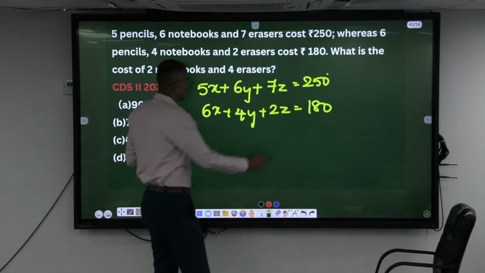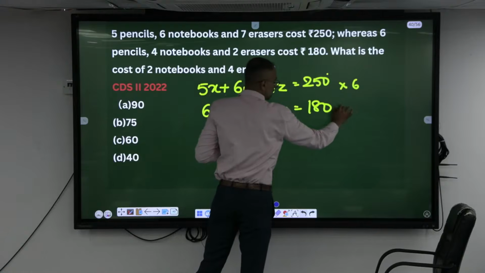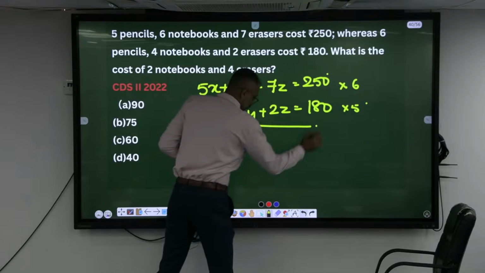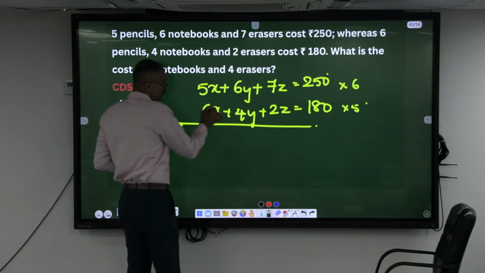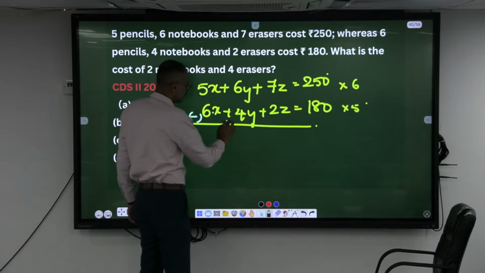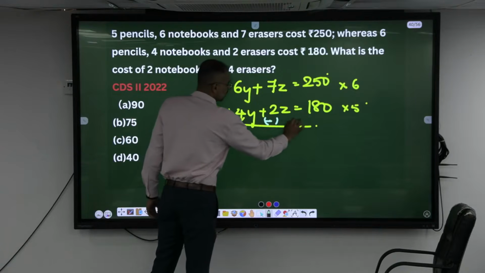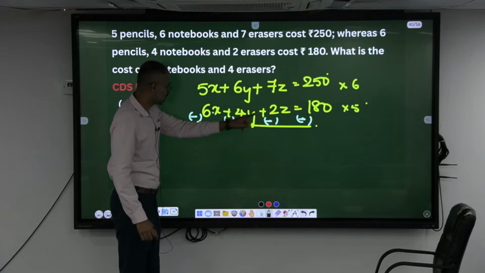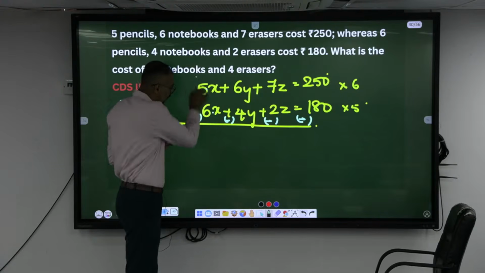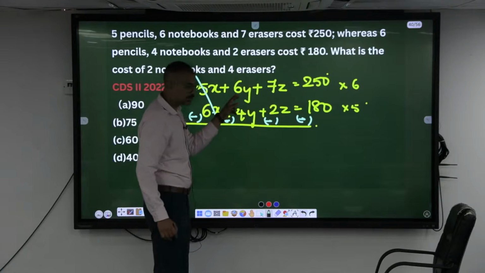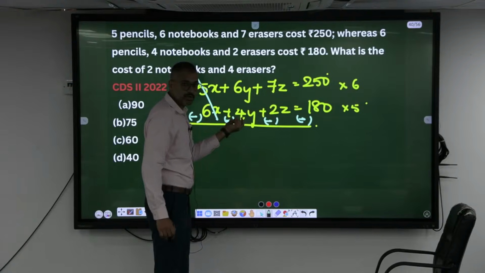How? Multiply this by 6 into 5. So this is 30, 30. Sign change, subtract, so minus, this also minus, this also minus. So 6 into 5, 30x, 5 into 6, 30x. This will get subtracted, right? 6 into 6, 36. 5 into 4, 20.